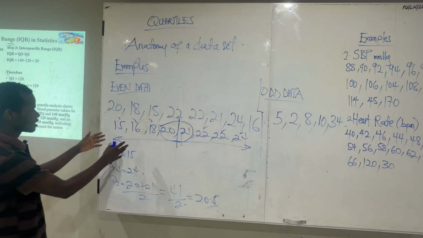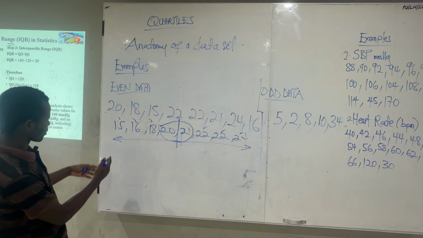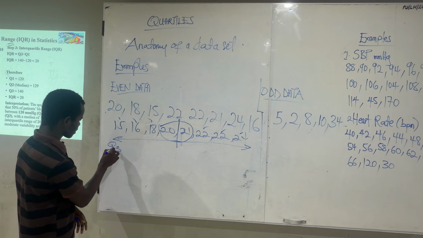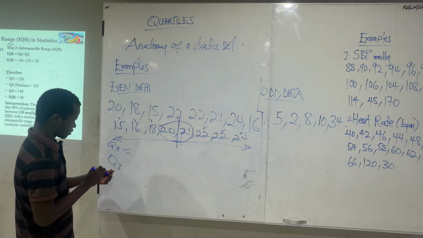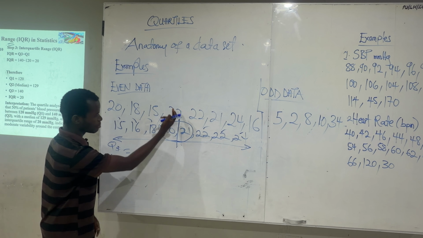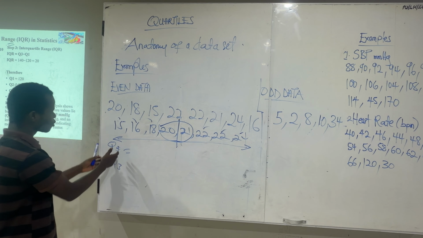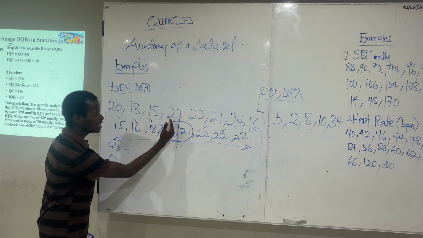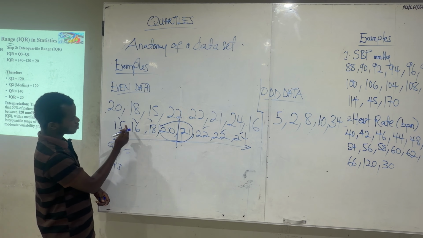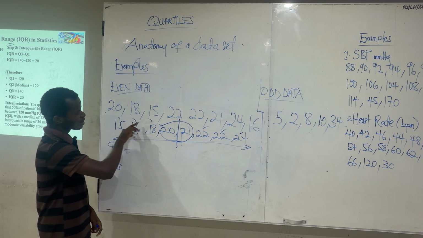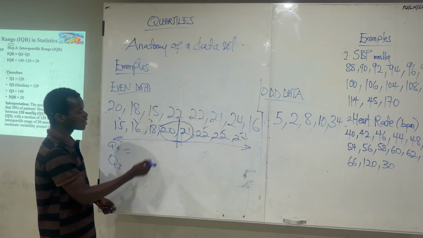So now we can do the analysis for our Q3 and Q1. Let's do the Q1 first, then the Q3. We said that from the middle to the left part becomes our lower half or the first half. So to get the Q1, you calculate the median for only the first half or the lower half. The Q1 is the median of the first half.